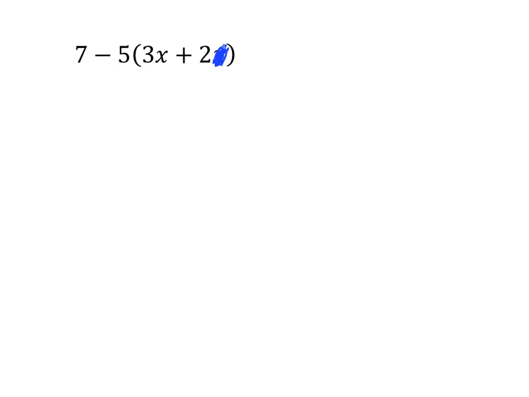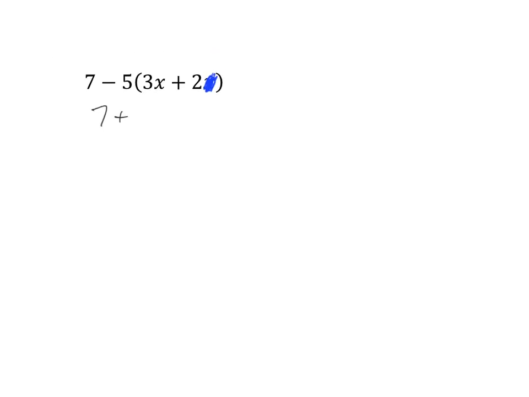Because what this says, if we write everything as addition first, it helps us see things a little better. So what we would write is 7 plus negative 5 times 3x plus 2.